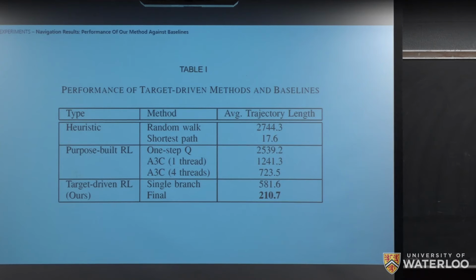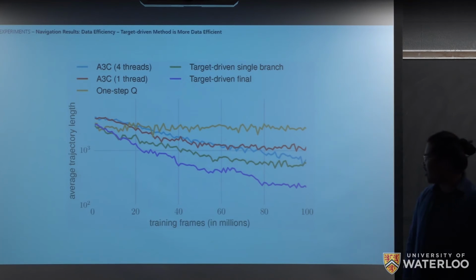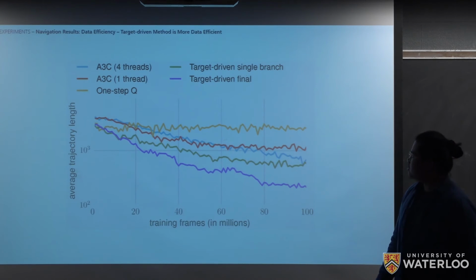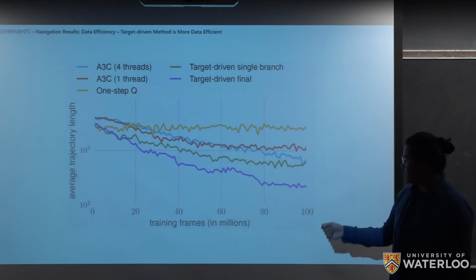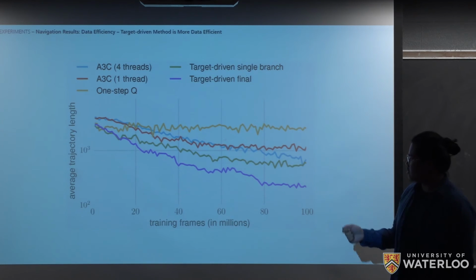So another experiment they did was they wanted to evaluate how data efficient their model is. Because again, in robotics, it's very hard to train on a real robot, and we want high data efficiency. So we now have the different methods compared by training frames. We're comparing the average trajectory length over the training frames.